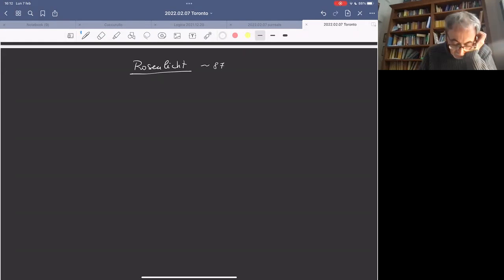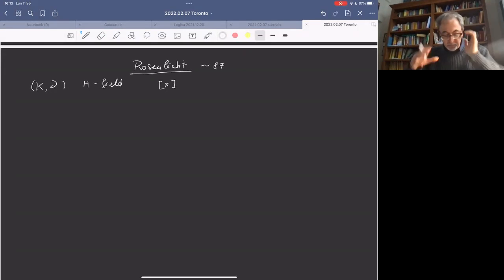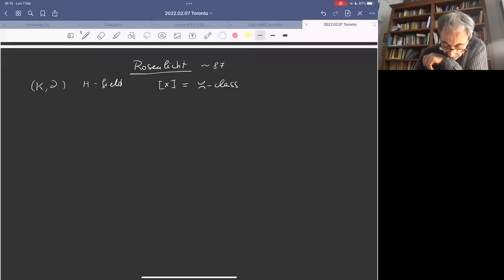Okay. Suppose you have an H field. And so let me write X between brackets as the Archimedean class of X. So in some sense, it's the valuation, but I don't want to use the valuation because I don't want to reverse the order.